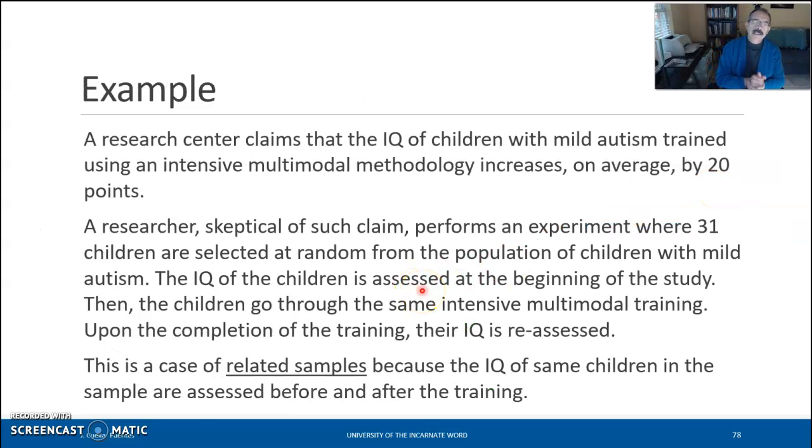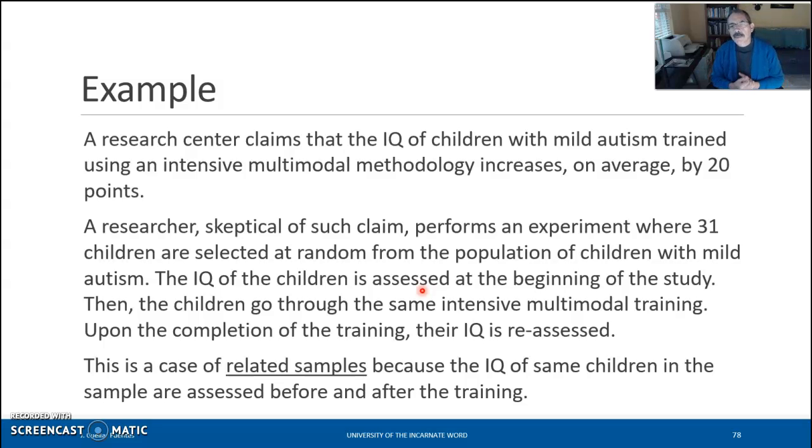Now, let's look at an example to see how this works. So in this example, a research institution claims that the IQ of children with mild autism that are subjected to some intensive multimodal methodology, this is some sort of special training, increases the IQ of these children on average by 20 points. So a researcher, skeptical of this claim, wants to verify this.